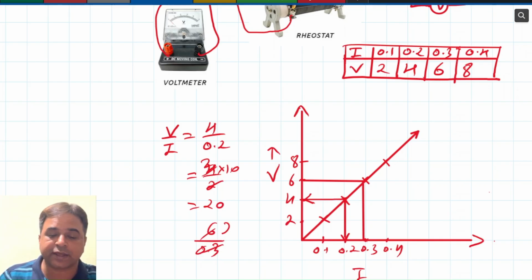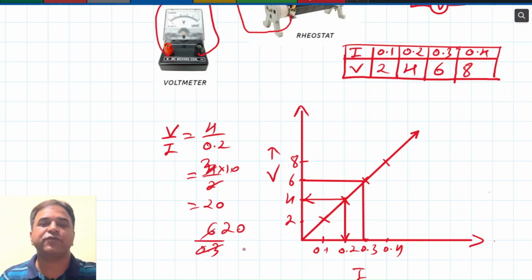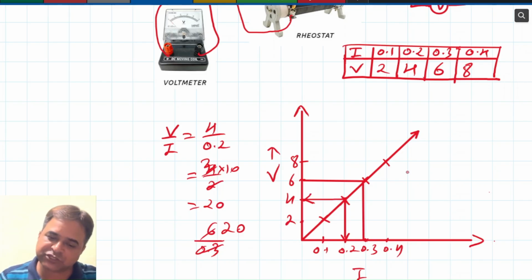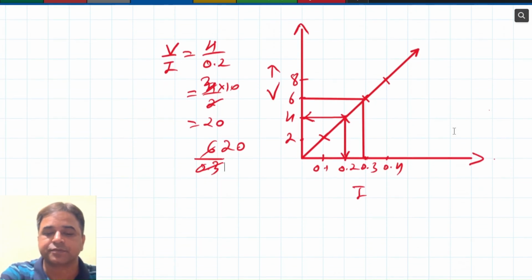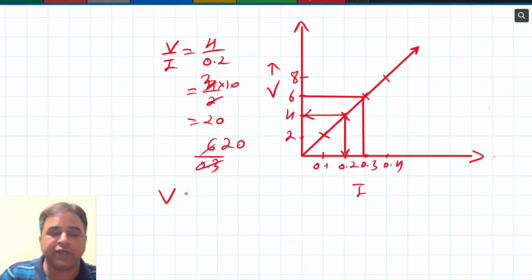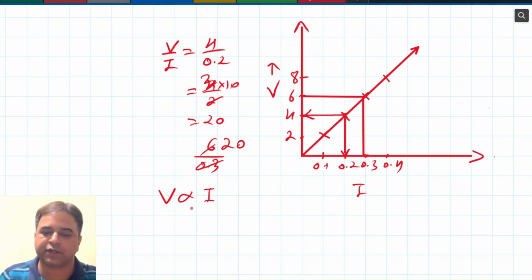Again, you will be getting 20 only. If you see this V versus I graph, it is straight line and its ratio coming is fixed. So this shows that here potential difference V is directly proportional to I, which means if we increase voltage, current is also increasing.